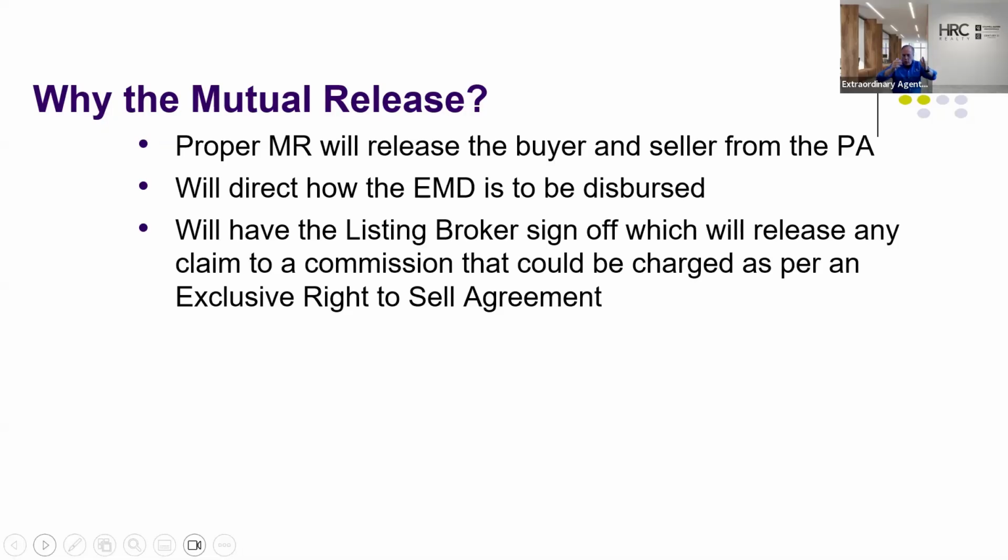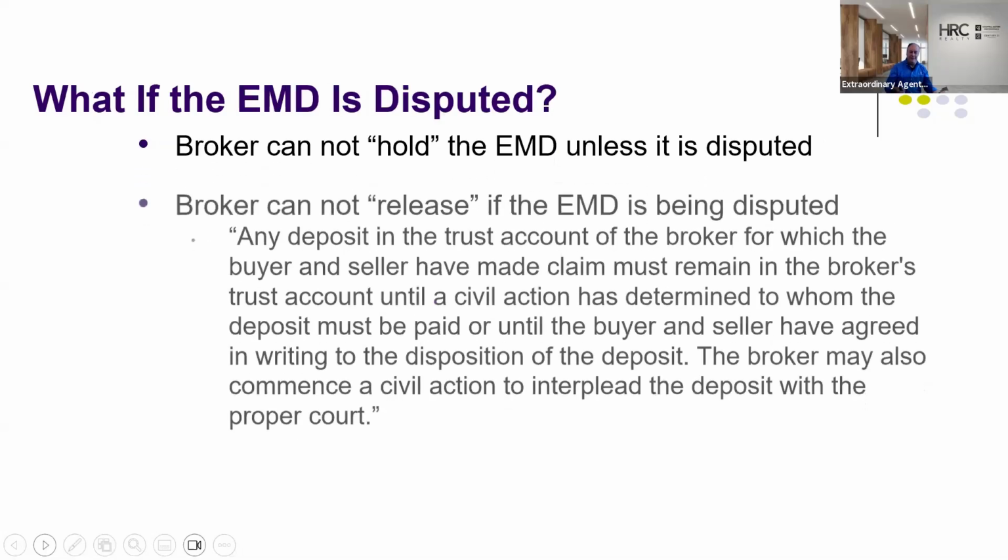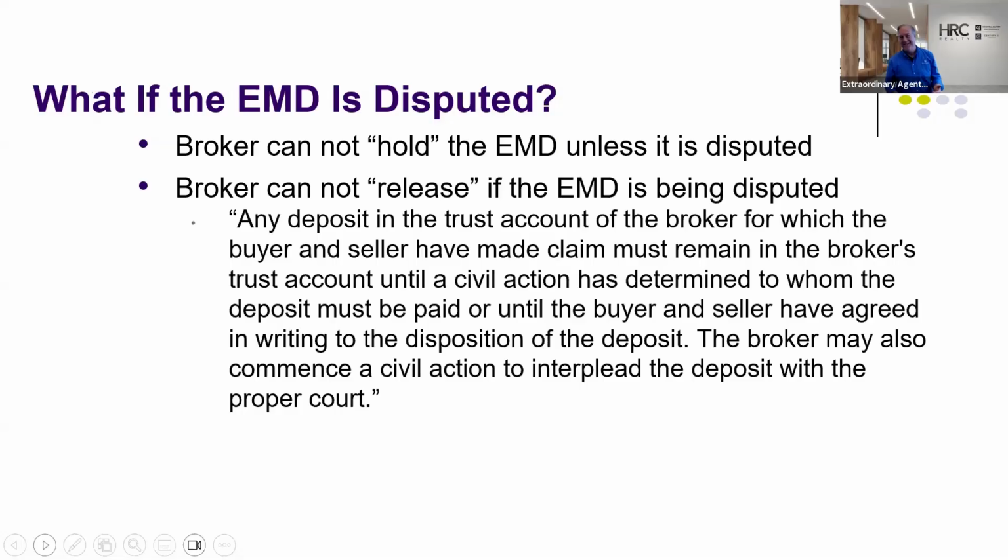And here's how we're handling the earnest money deposit. That fully executed mutual release lives up to the terms of what the purchase agreement said. But what if the seller said, no, I want their earnest money?